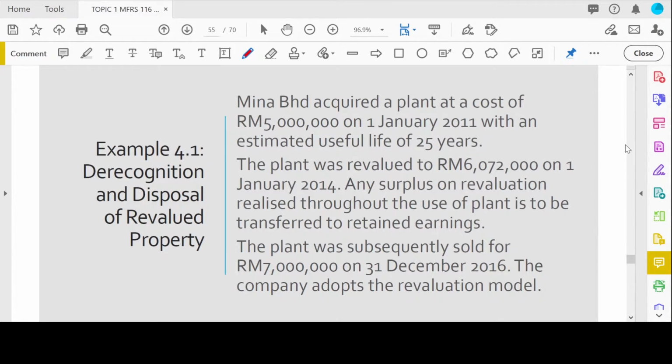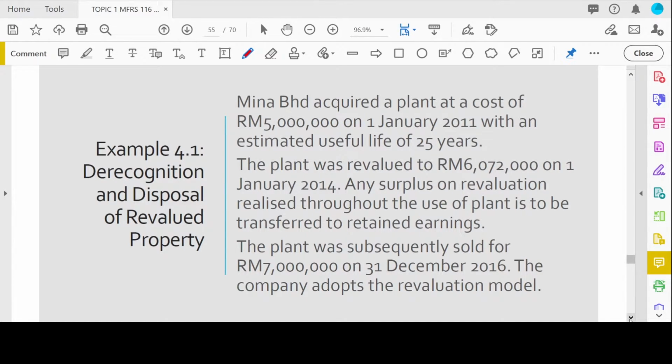The company adopts the revaluation model, meaning that for any increase or decrease in the value of the plant, you have to recognize any surplus or deficit from the revaluation.